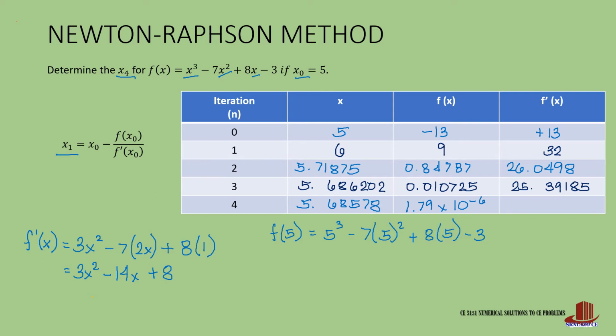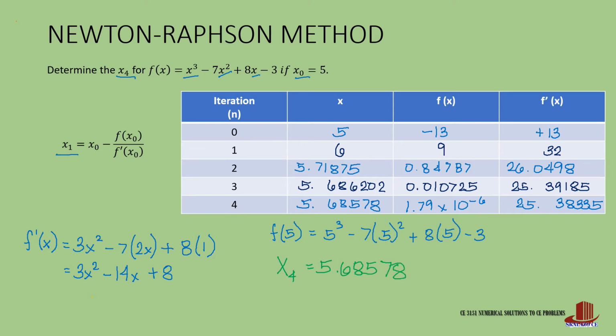F prime of x is still 25.38335. So we know that our answer for x from the fourth iteration is given as 5.68578.